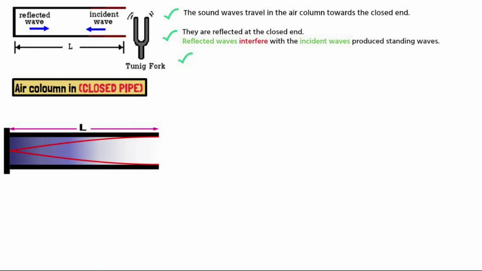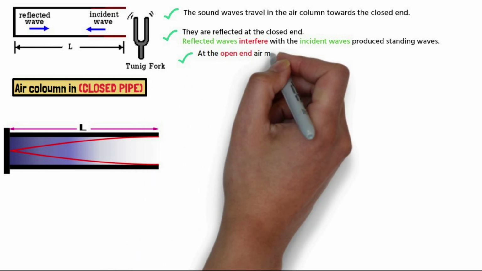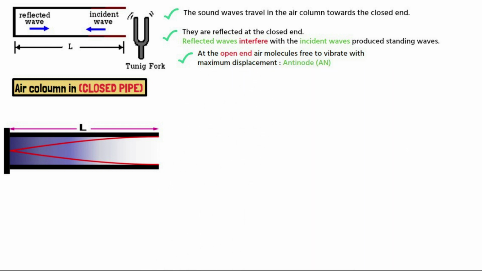But before that, always remember at the open end, air molecules are free to vibrate with maximum displacement. Sama macam open pipe tadi, di bahagian yang terbuka itu, air molecules is free to vibrate with maximum displacement ataupun antinode.